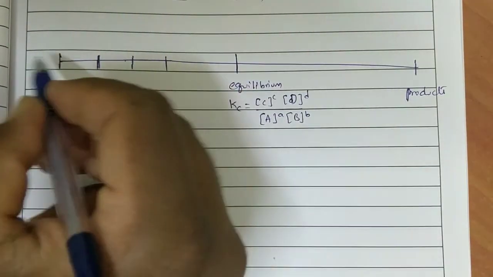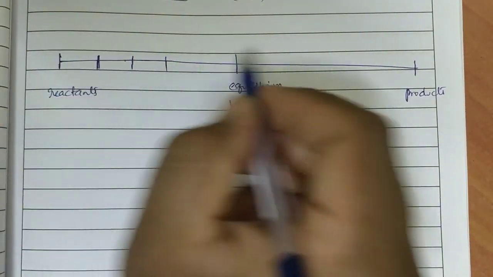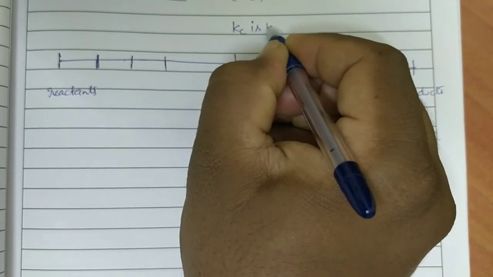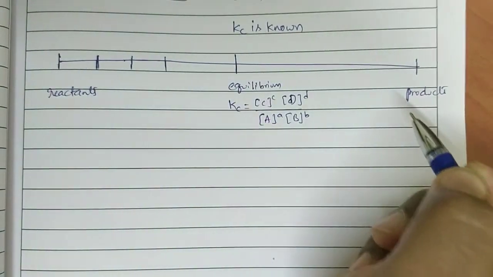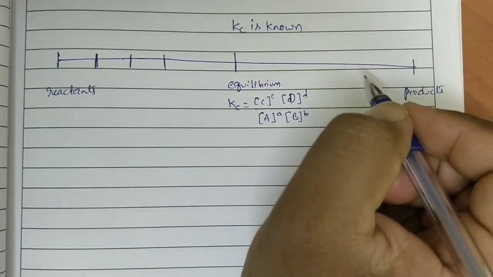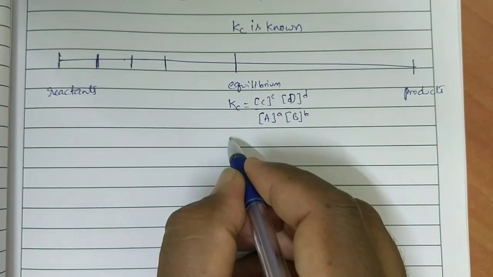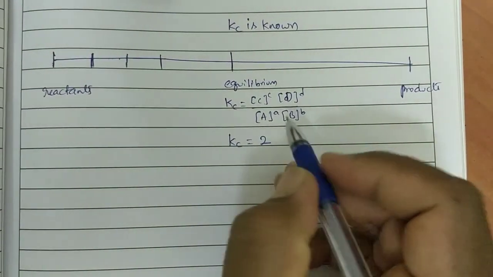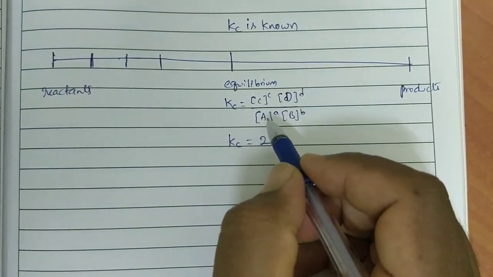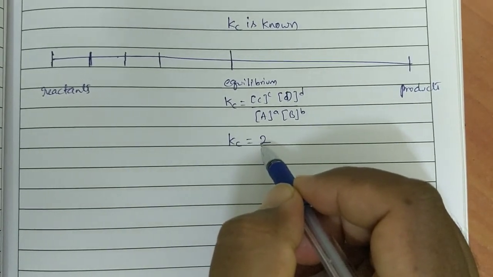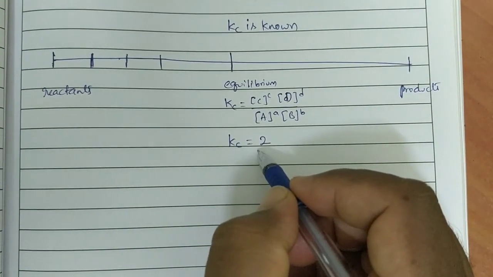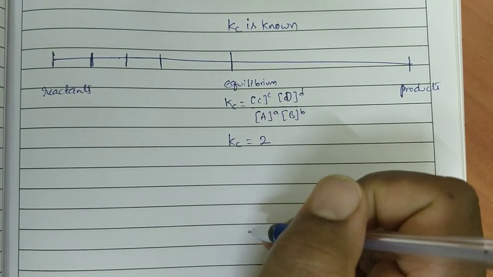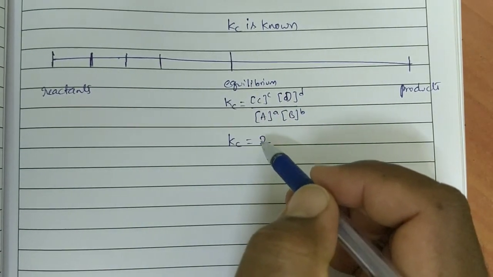This is the reaction whose Kc value is known to us. Let us consider Kc is equal to 2. That means C power c into D power d divided by A power a into B power b gives Kc equal to 2. When we see Kc is equal to 2, then only equilibrium is attained.